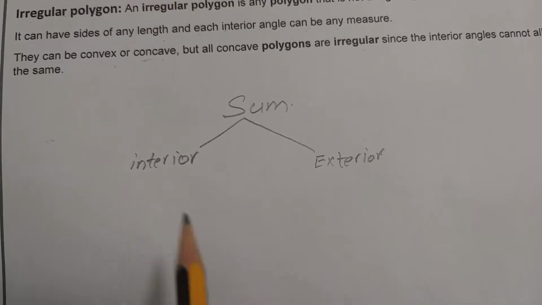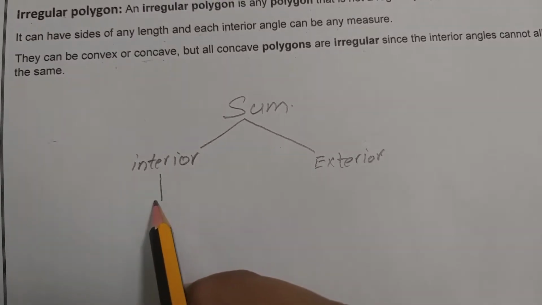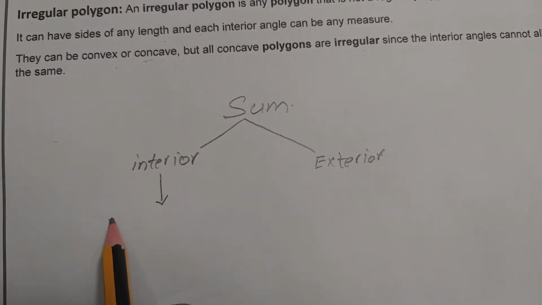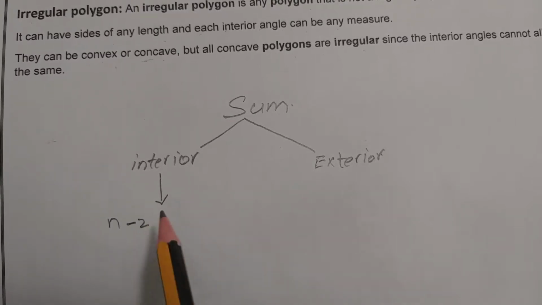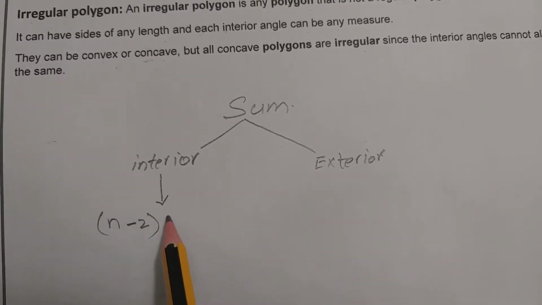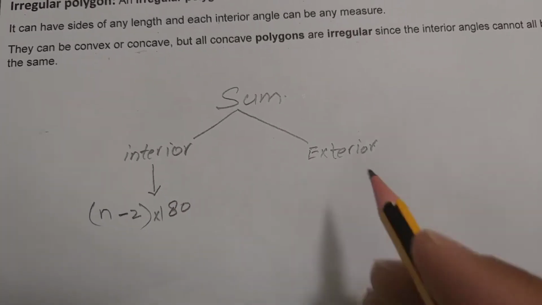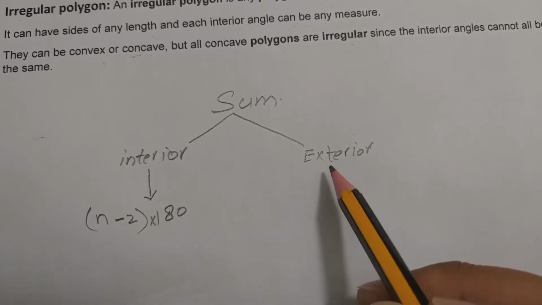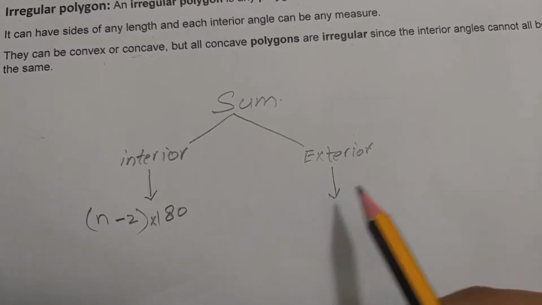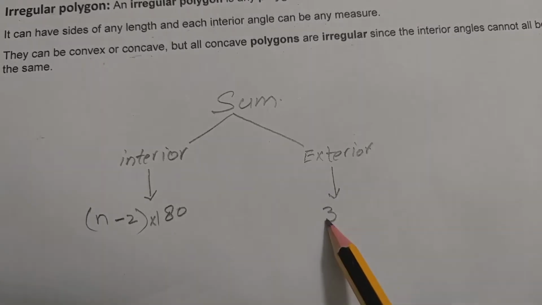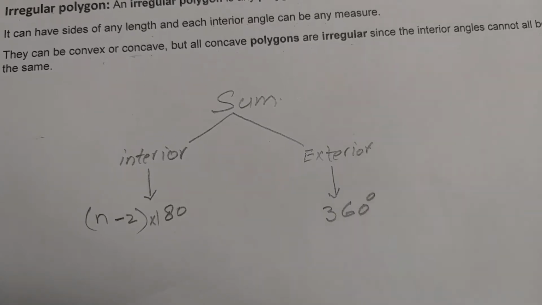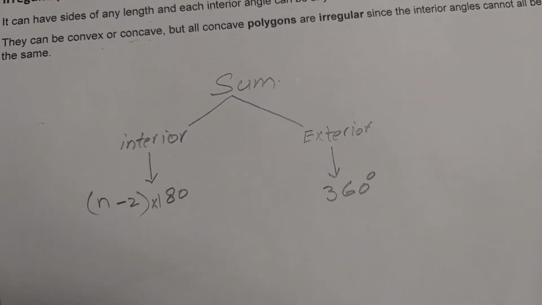For the interior angles, the sum formula is n minus 2 times 180. This is the sum of the interior angles. The sum of the exterior angles always adds up to 360 for any polygon.